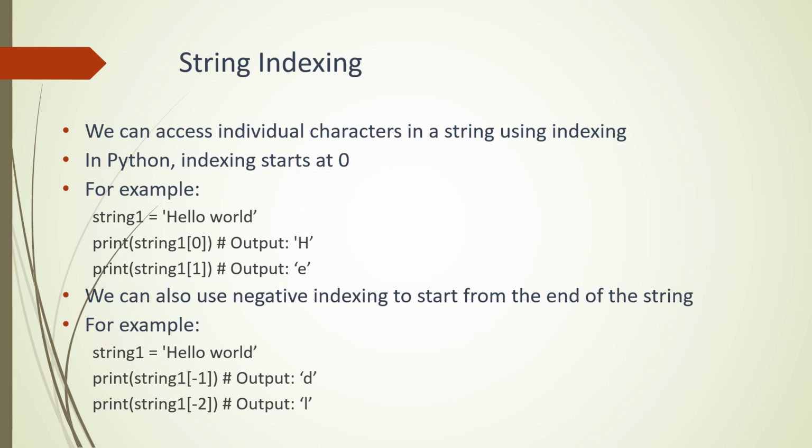That will give you D. If you want to print the second to last character, then you have to use -2. And the output will be L. String indexing is a useful tool for accessing individual characters within a string.